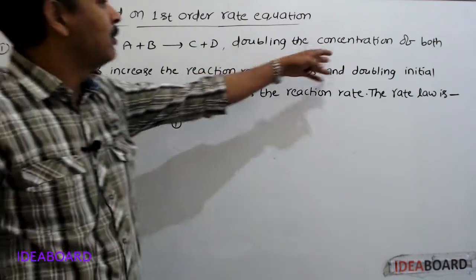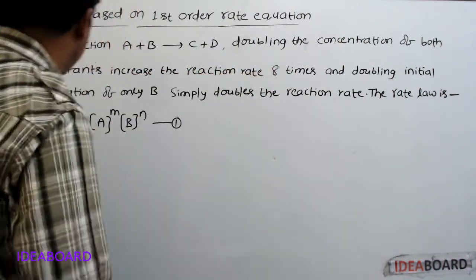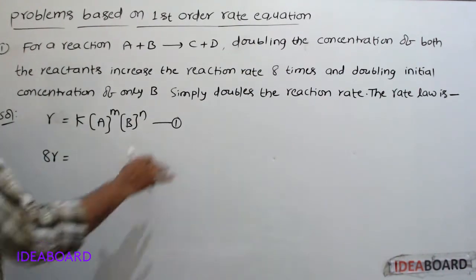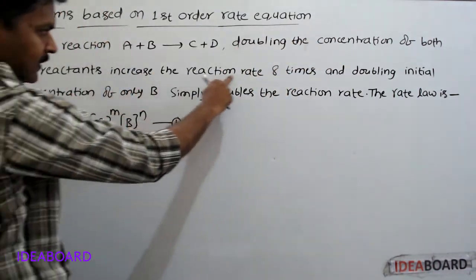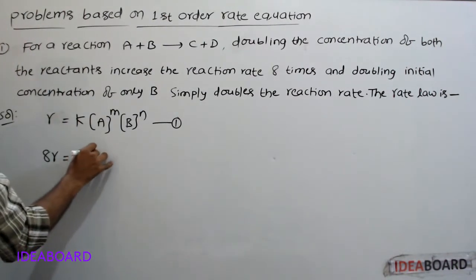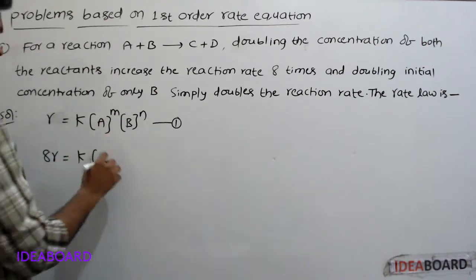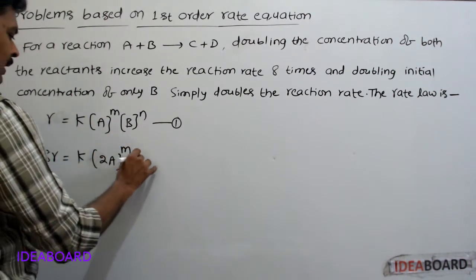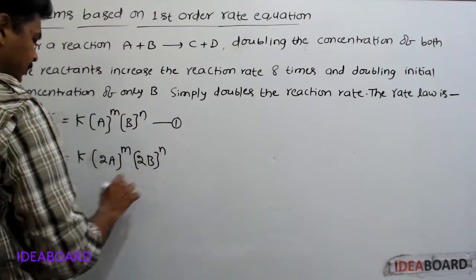Next, doubling the concentration of both the reactants increases the reaction rate 8 times. 8R is equal to K into A concentration doubled, 2A power m, and B concentration also doubled, 2B power n.